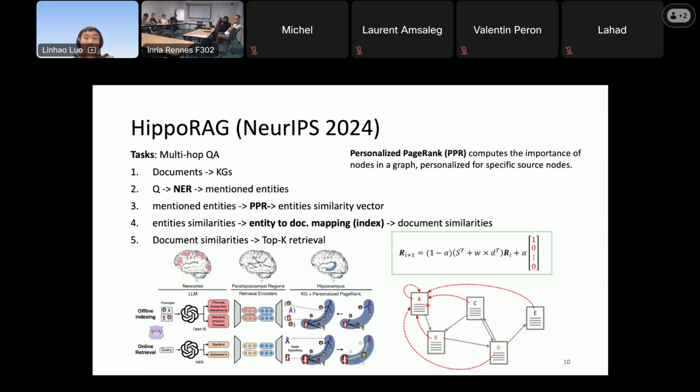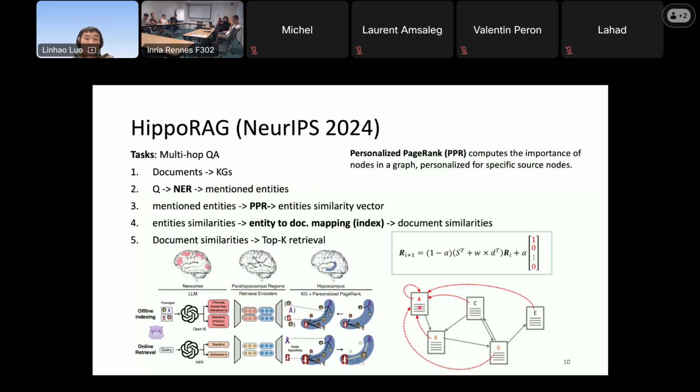So you can easily retrieve documents at a multi-hop distance from the question that can directly answer the user's problems. What they did is utilize a method called personalized PageRank.